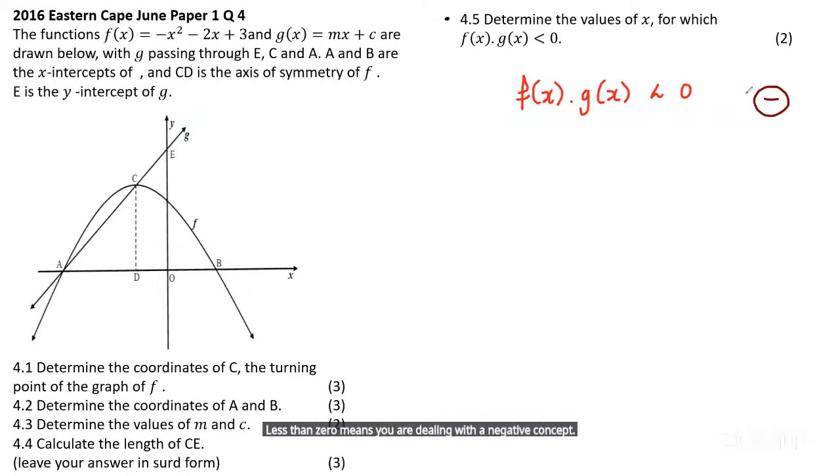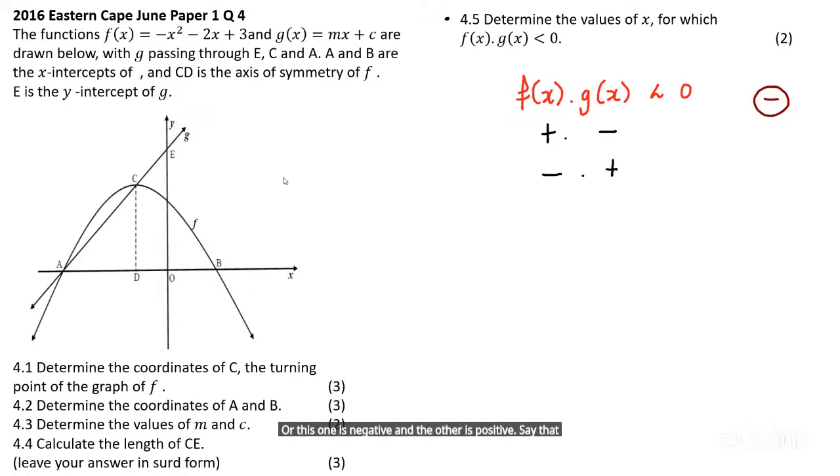When two entities are multiplying and give you less than 0, it means one of them is positive and the other is negative, or this one is negative and the other is positive.